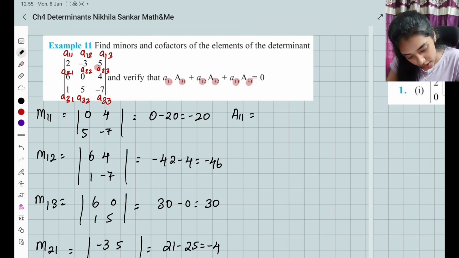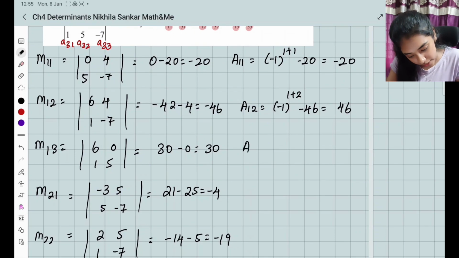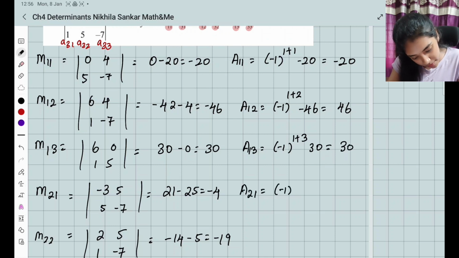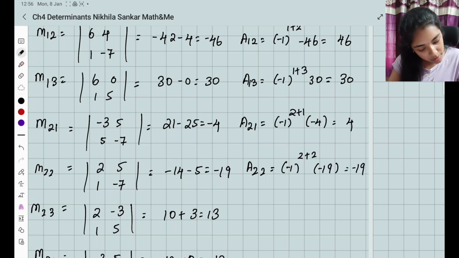A11 is going to be minus 1 to the power 1 plus 1 times minus 20, so this is going to be minus 20. Similarly, A12 is minus 1 to the power 1 plus 2 times minus 46. This is minus into minus, plus 46. Now, A13 is minus 1 to the power 1 plus 3 times 30, which is 30. A21 is minus 1 to the power 2 plus 1 times minus 4; minus minus is plus, so 4. A22 is minus 1 to the power 2 plus 2 times minus 19, which is minus 19.